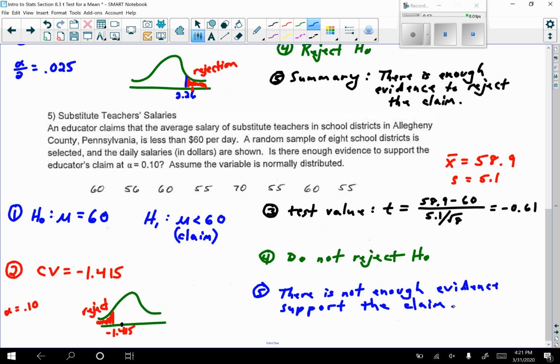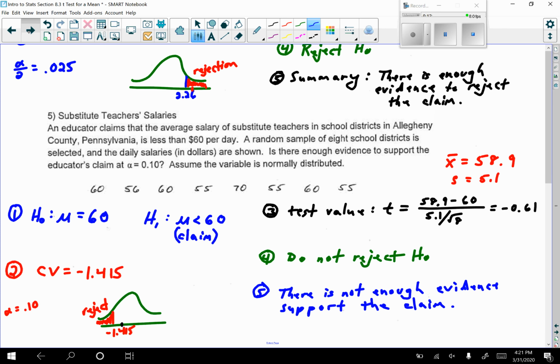And again, the claim was that the average salary of substitute teachers is less than $60 per day. So there is not enough evidence to support the claim. All right, so those were just 2 examples looking at the t-test compared to the critical value, the traditional method.